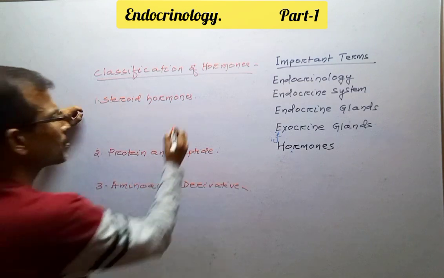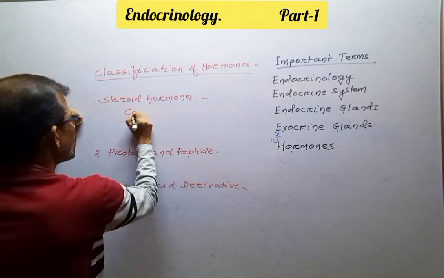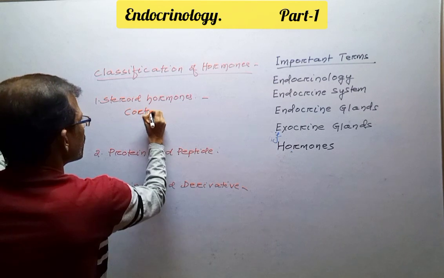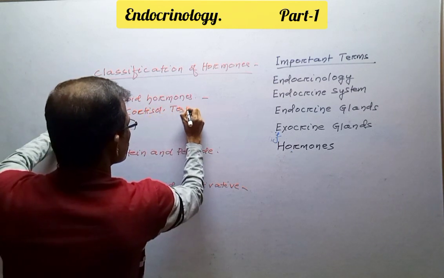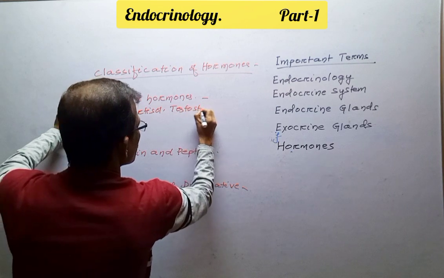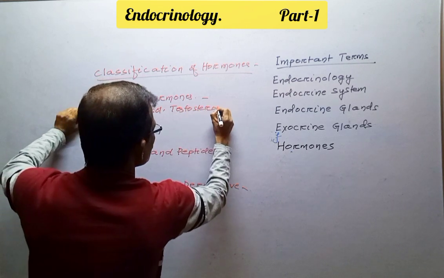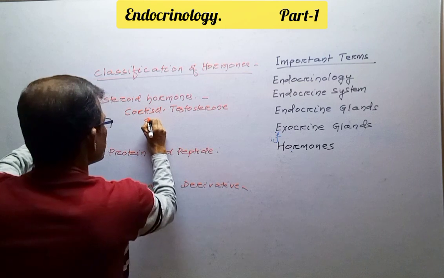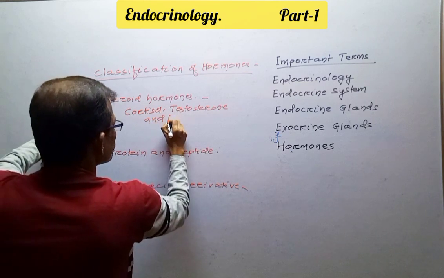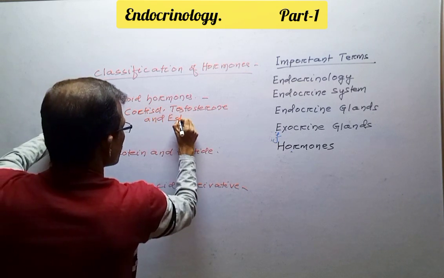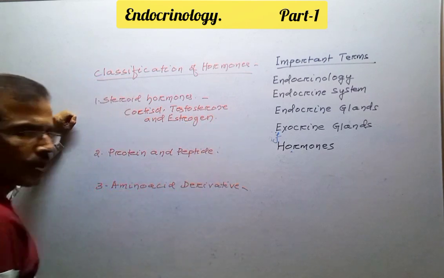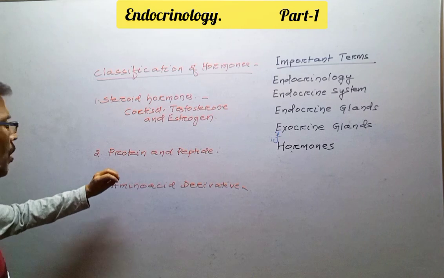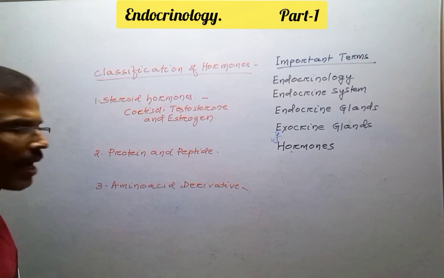Steroid hormones include cortisol, testosterone, and estrogen. Second group of hormone is protein and peptides.